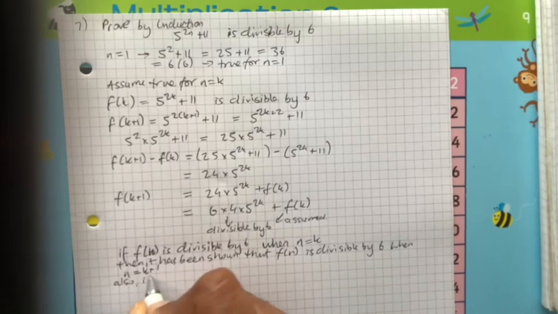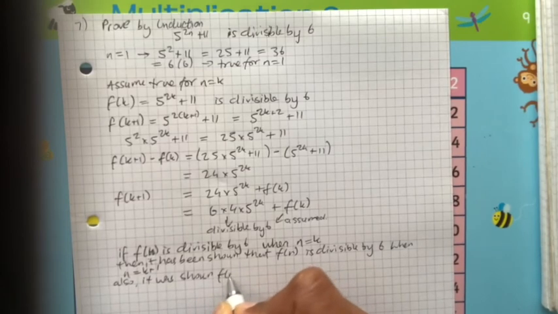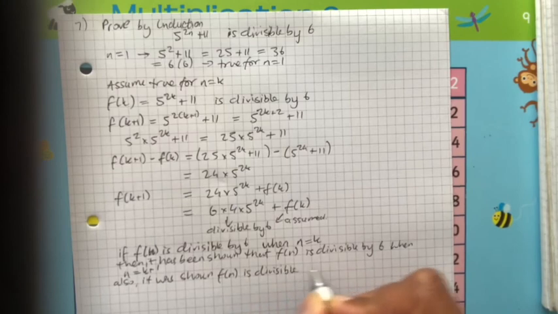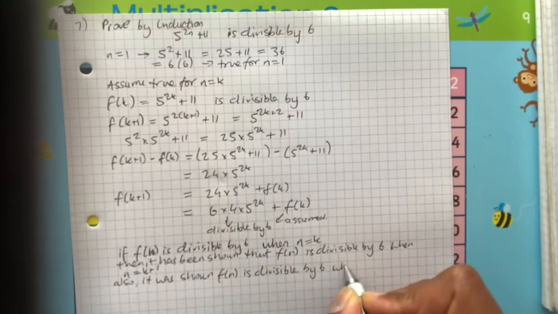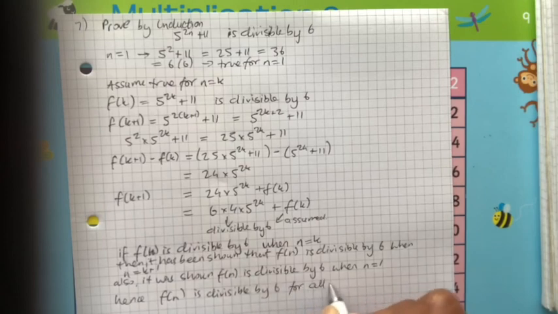Also, it was shown that f of n is divisible by 6 when n equals 1. So hence f of n is divisible by 6 for all n. So you need to make sure you state about n equals k plus 1, and also about n equals 1.